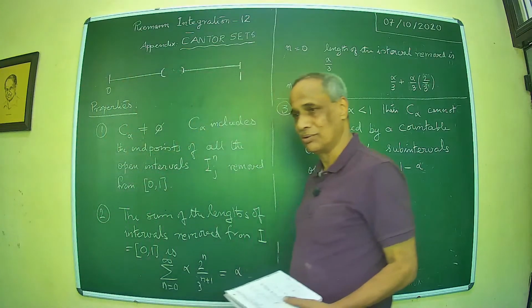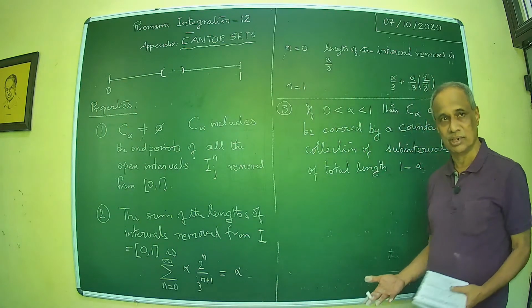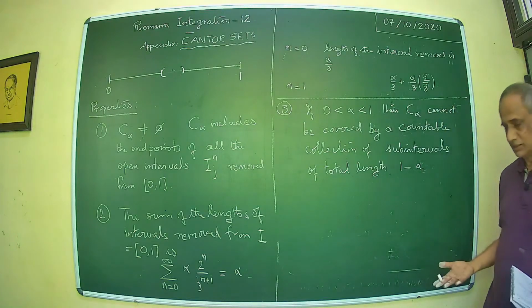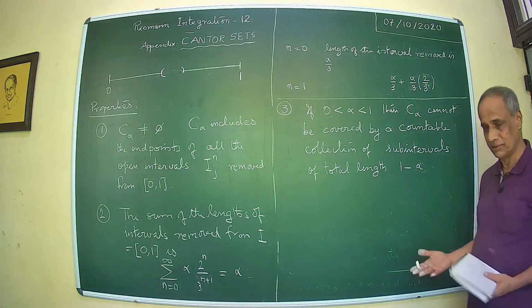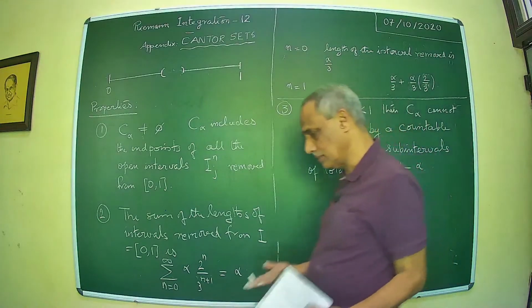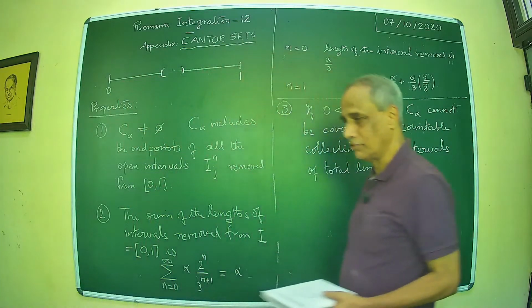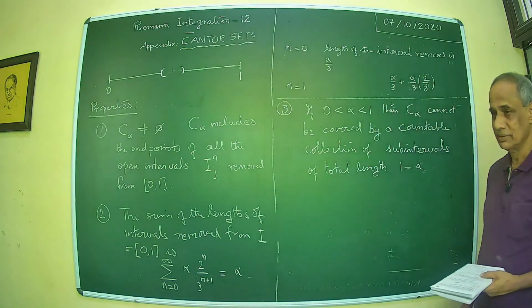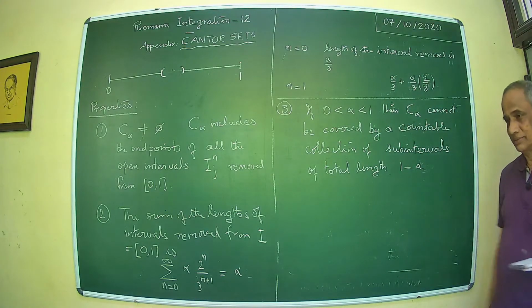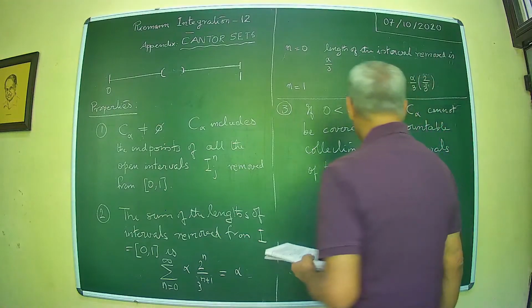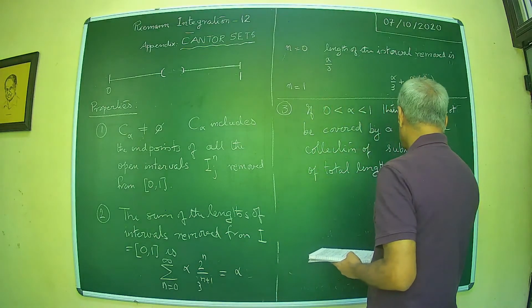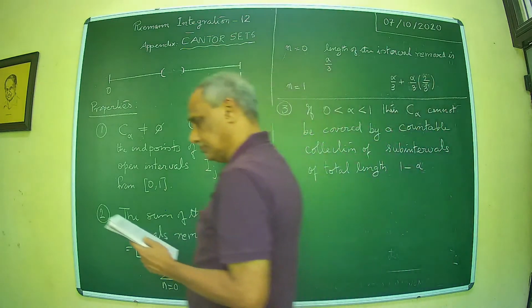I don't want to call that the length, because we have not introduced the concept of length for non-intervals. So what is left is a non-interval. Therefore you cannot talk about the length. It's a set of points. So you call the content of that as 1 minus alpha.